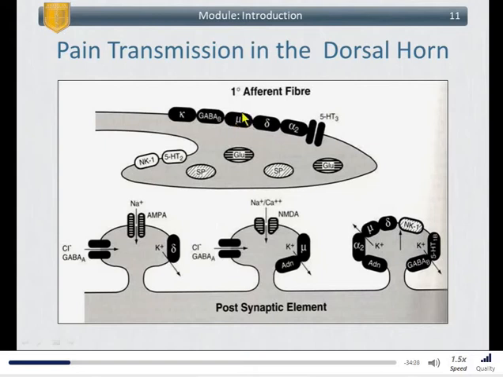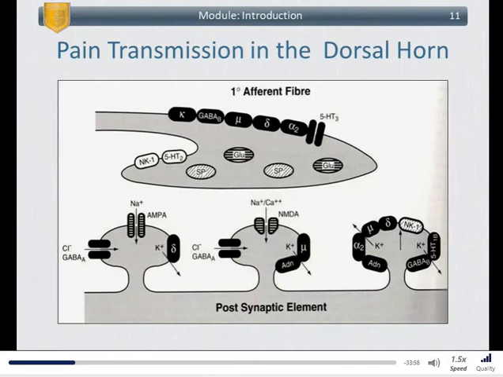So for instance, you'll see a mu receptor here. So if that's activated by an opioid, that'll be inhibitory of the release of neurotransmitters. And we also see mu receptors postsynaptic, and that will hyperpolarize the postsynaptic or second order neuron, so it's less likely to fire. Okay, so you're inhibiting pain both pre and postsynaptically.